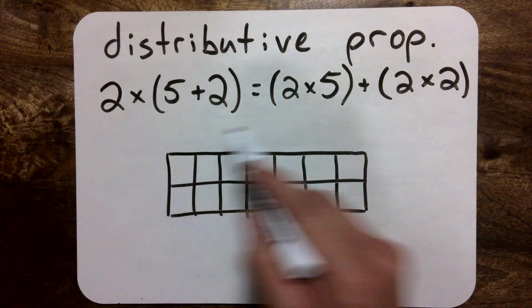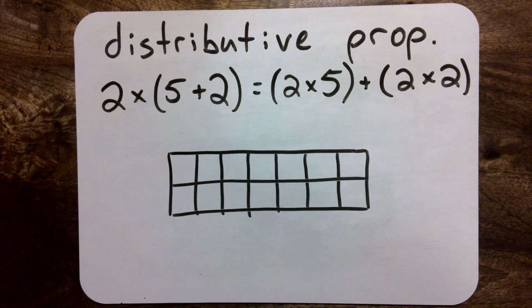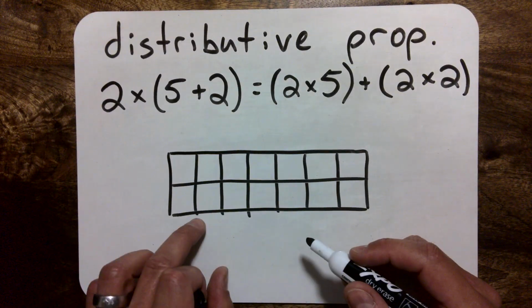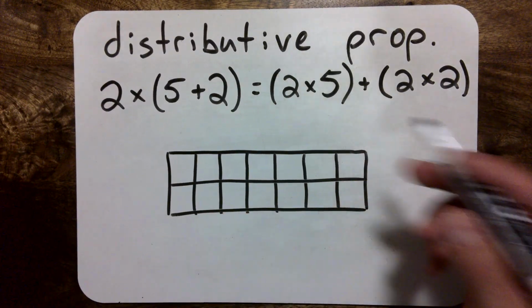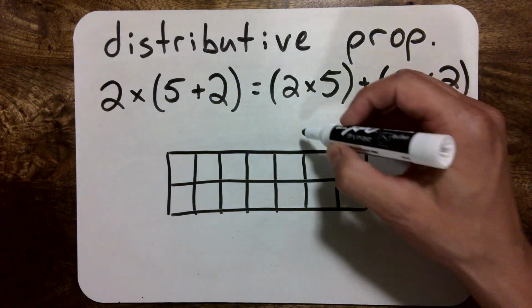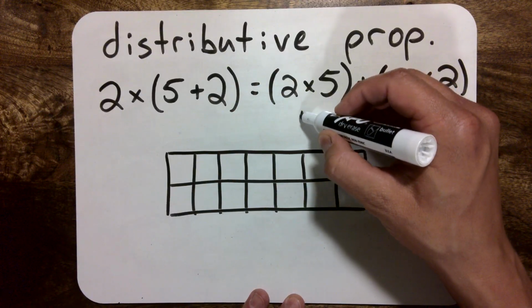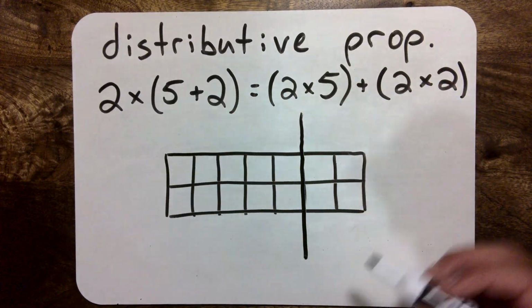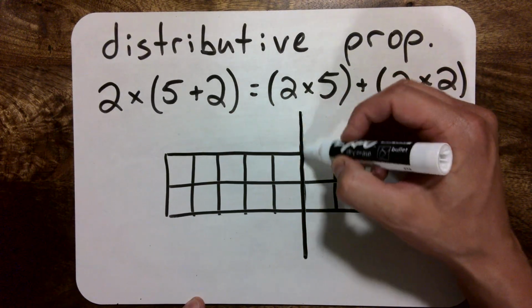So 5 plus 2 is the size of each of these rows here. Since we just have a drawing, we might not want to erase and try to move this, so we can think of either cutting this or adding some kind of separation line.